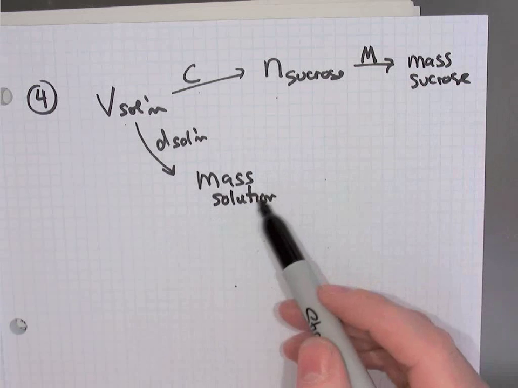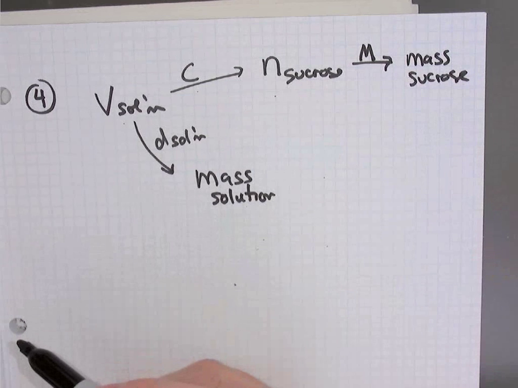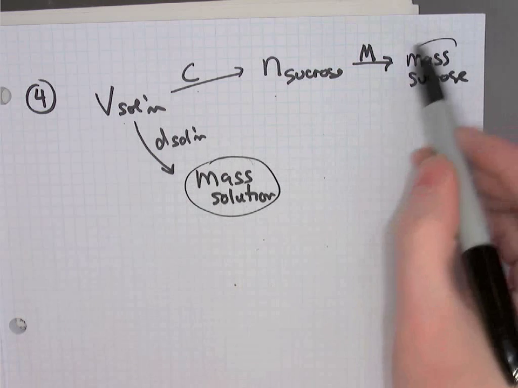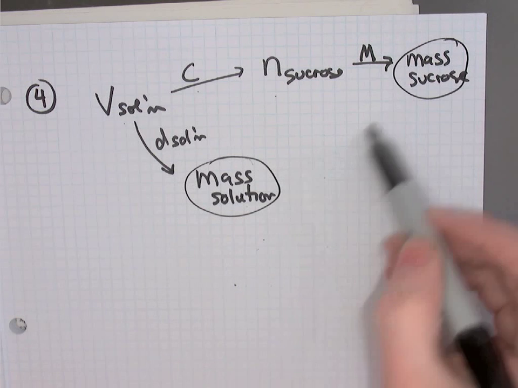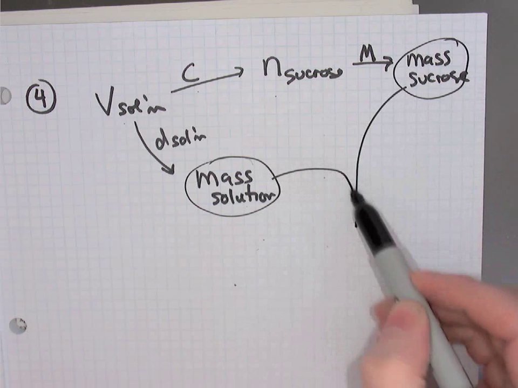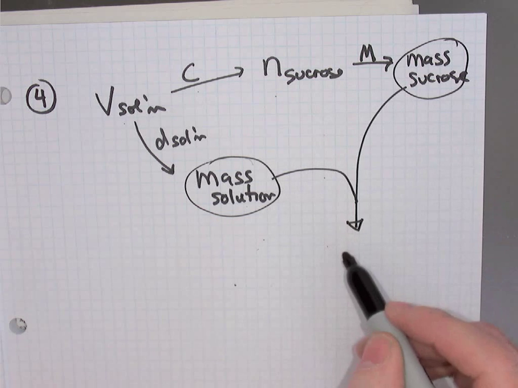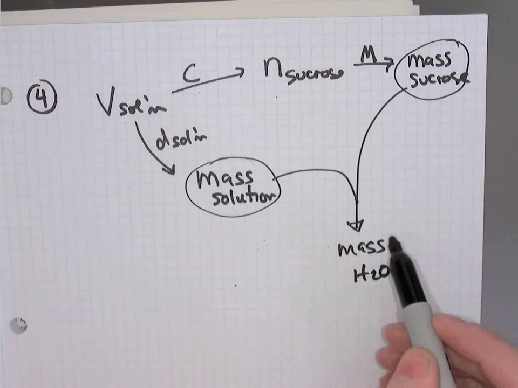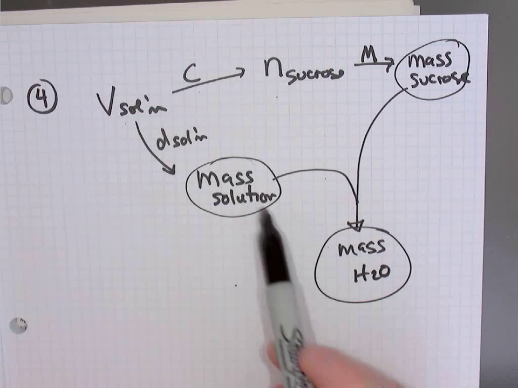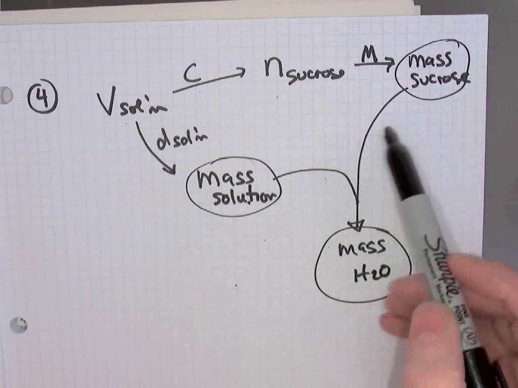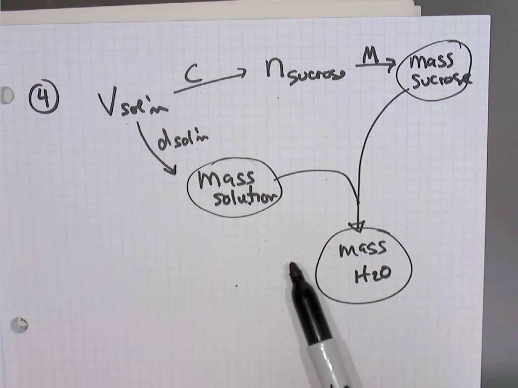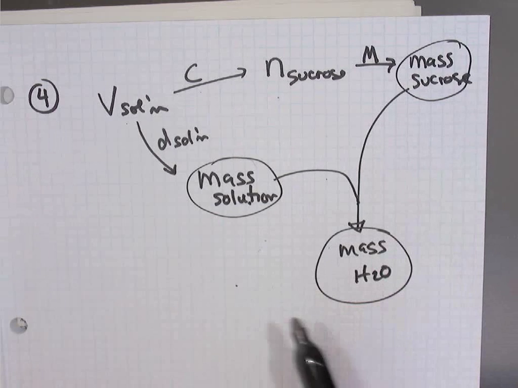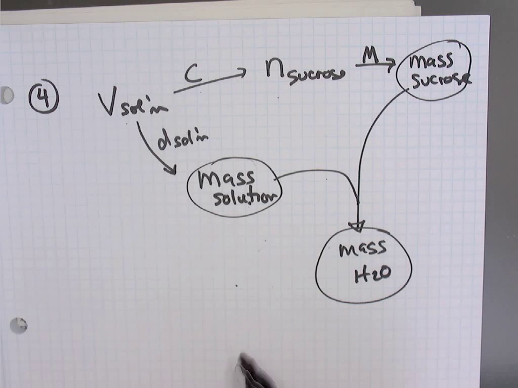The solution is made of sucrose and water, and there's a law of conservation of mass. So if I know the mass of solution and the mass of sucrose in the solution, we could put that together and we can go find the mass of the water that was in the solution. It'll be the mass of the solution minus the mass of the sugar that was in the solution. The difference would be the mass of water because of the law of conservation of mass.